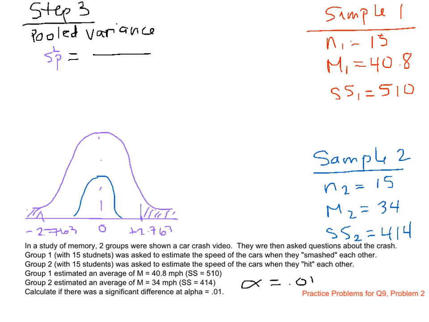The equation for this is a division where we're taking SS1 on top, df1 on the bottom, and the same thing with my blue group, SS2 on top and df2 on the bottom.